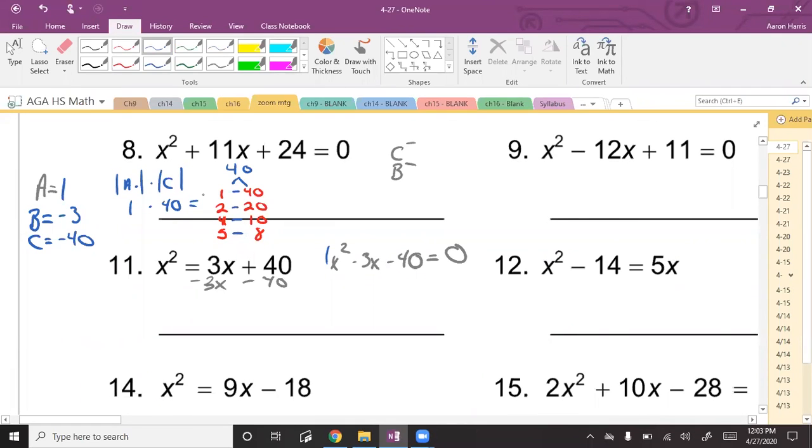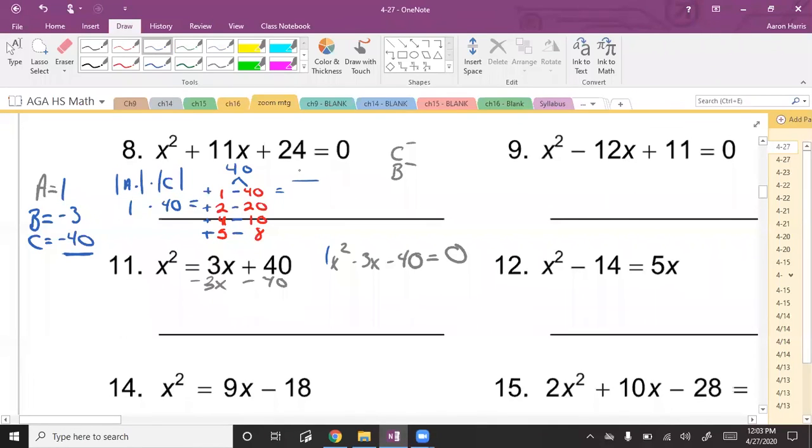My smaller numbers have to be positive. Now watch. A positive 1 times a negative 40 gets me negative 40. So I multiply them together, that still works.